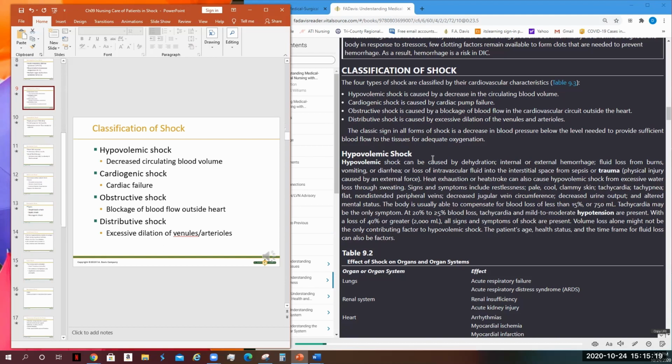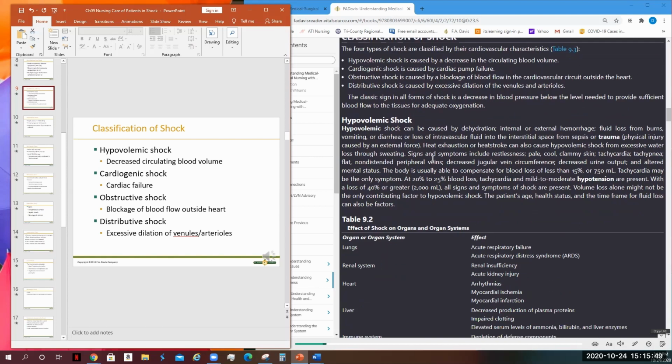Obstructive shock is caused by a blockage of blood flow in the cardiovascular circuit outside the heart. And distributive shock is caused by excessive dilation of the venules and arterioles. The classic sign in all forms of shock is a decrease in blood pressure below the level needed to provide sufficient blood flow to the tissues for adequate oxygenation.